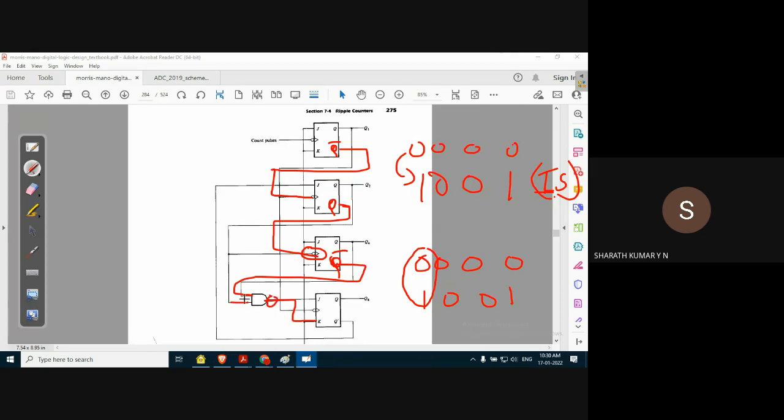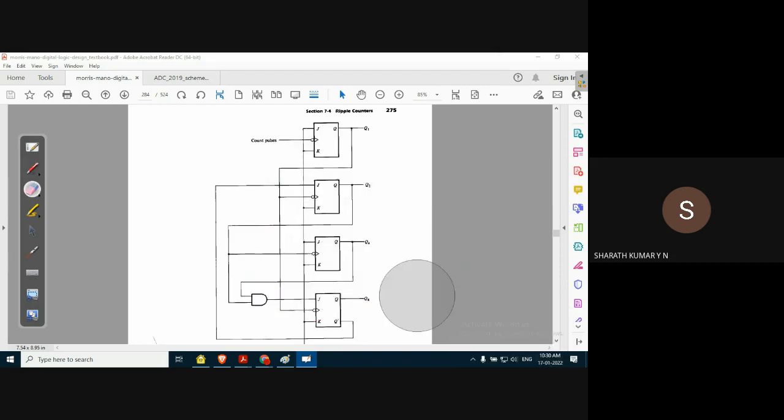What does the NAND gate do? 1 1 1, it will make it 0. So it will reset Q8 to 0, but it should set to 1. So this should be an OR gate. Instead of an AND gate, we can make use of an OR gate connected to the J input. When both are 1 1, Q8 will be set to 1, and this way the down counter can be implemented.